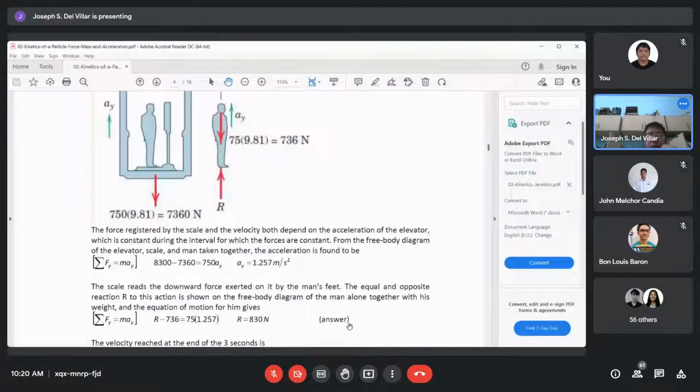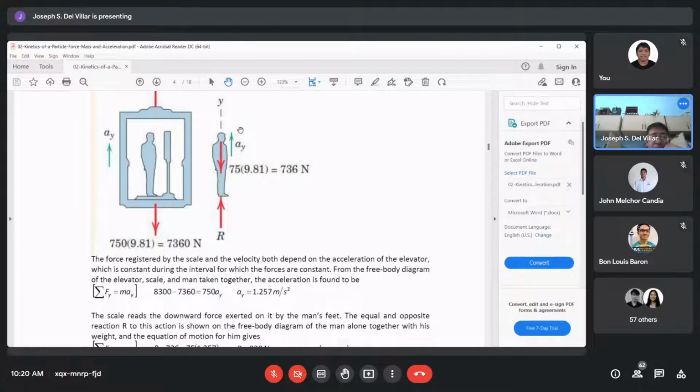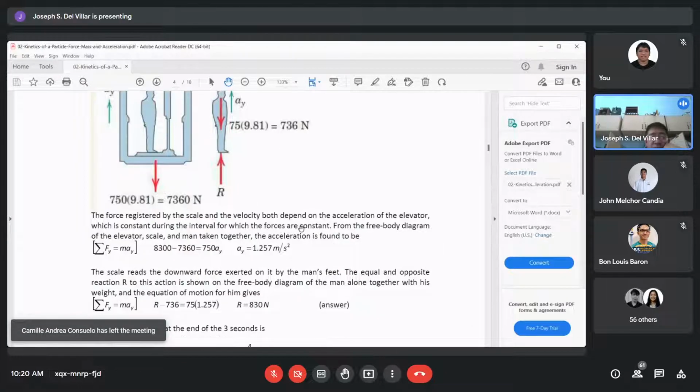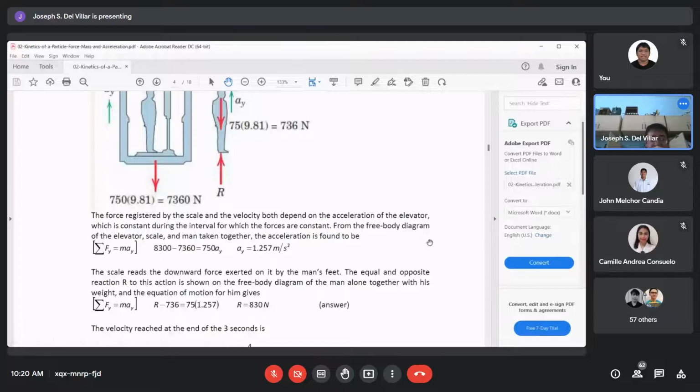So, the equal and opposite reaction to this action is shown here. No? Ito. Okay? So, that is an action-reaction. No? So, the equal and opposite reaction to this action is shown on the right figure. Okay?